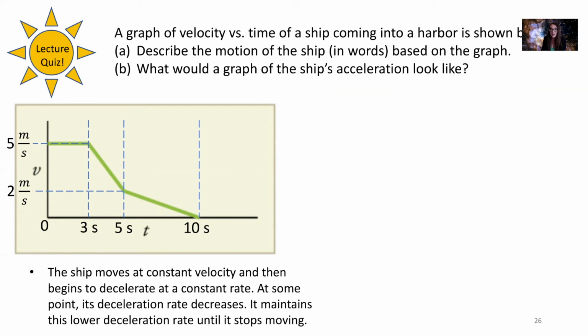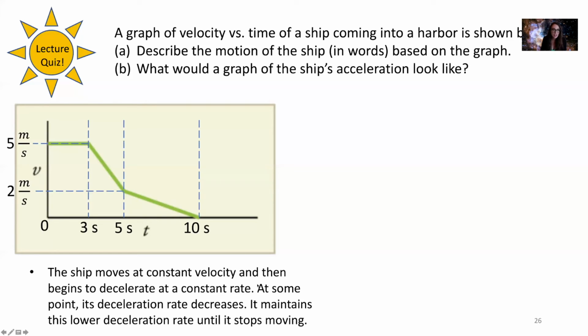We're decelerating. And then as we go from 5 to 10 seconds, we are still decelerating. The slope of our line is negative. We're slowing down, okay? But the rate of deceleration decreases. So our acceleration is not constant between times 3 to 5 seconds and times 5 to 10 seconds.